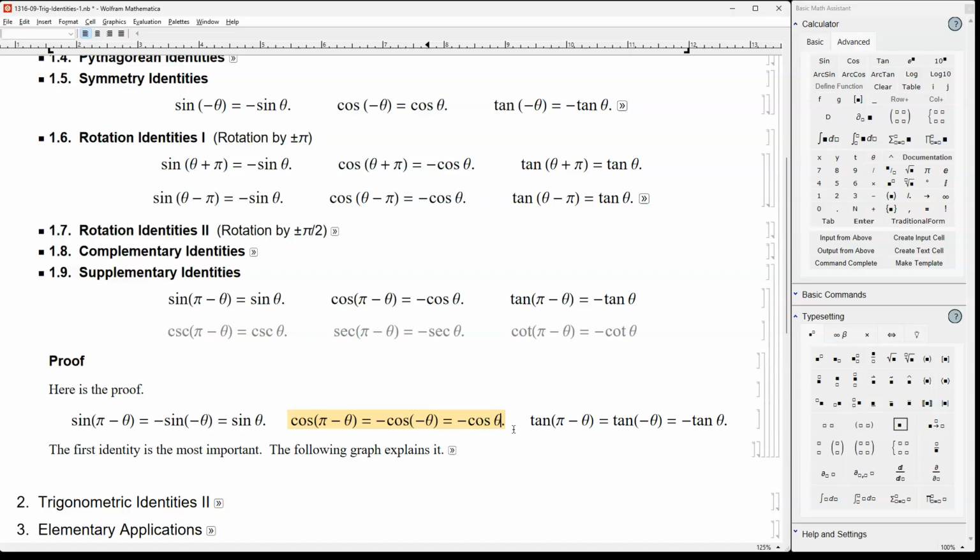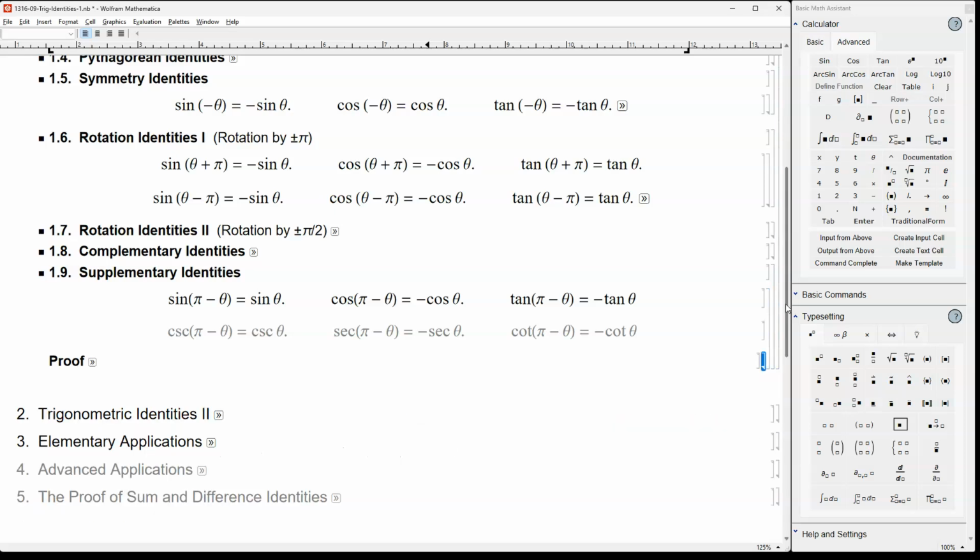We get negative cosine. As for tangent of pi minus theta, well, take away pi, we have the same tangent, so tangent of negative theta. Tangent is an odd function. I can take the negative out, so we get negative tangent.